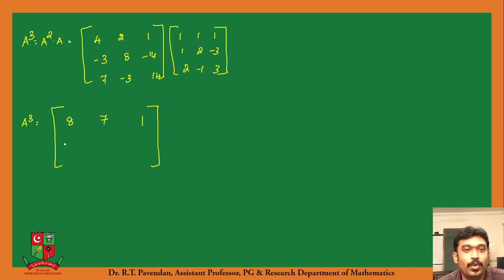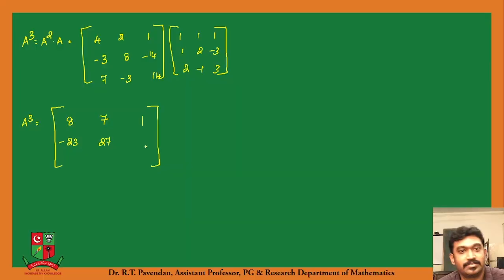Likewise for the second row, minus 3 plus 8 minus 28. So the value is minus 23. Likewise, minus 3 plus 16 plus 14, the value is plus 27. Next is minus 3, minus 24 and minus 14 3s are 12, 42.